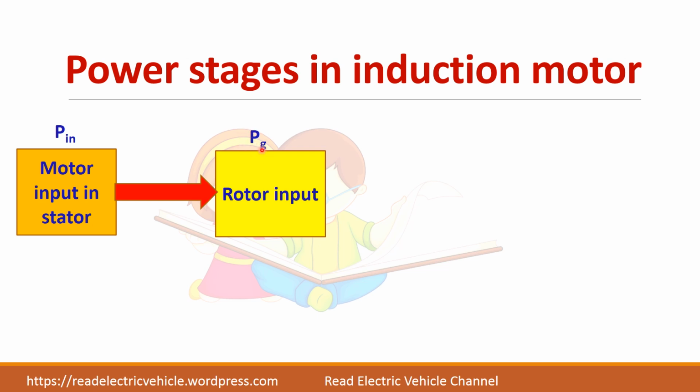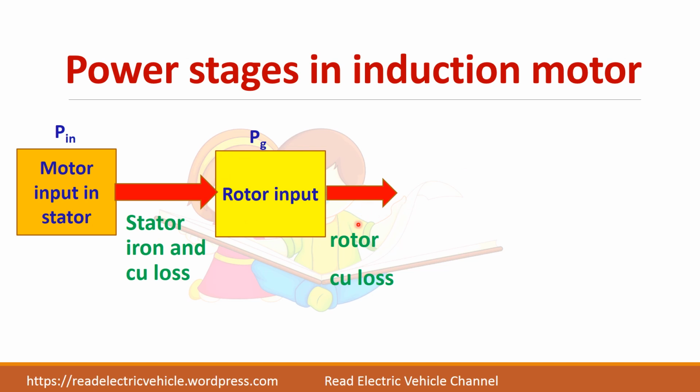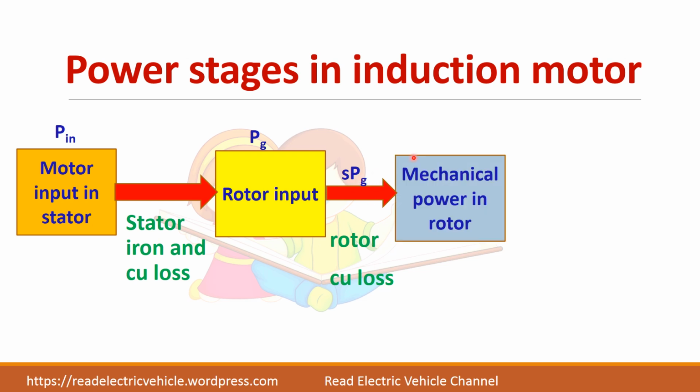This G represents the air gap power, and some will be lost as stator iron and copper loss. Out of this rotor input PG, some will be lost as rotor copper loss. Rotor iron loss will be very small, so it is normally neglected, and the remaining power will be used as mechanical power.